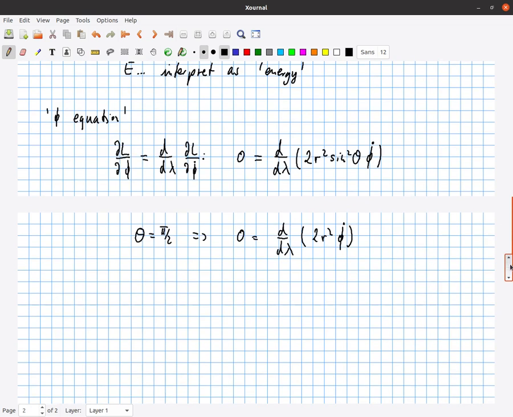Some of you might recognize this as a quantity that you might have seen before, which means again we can integrate. We call this constant of integration 2L. 2r squared phi dot, and then we cancel by the 2 on both sides.